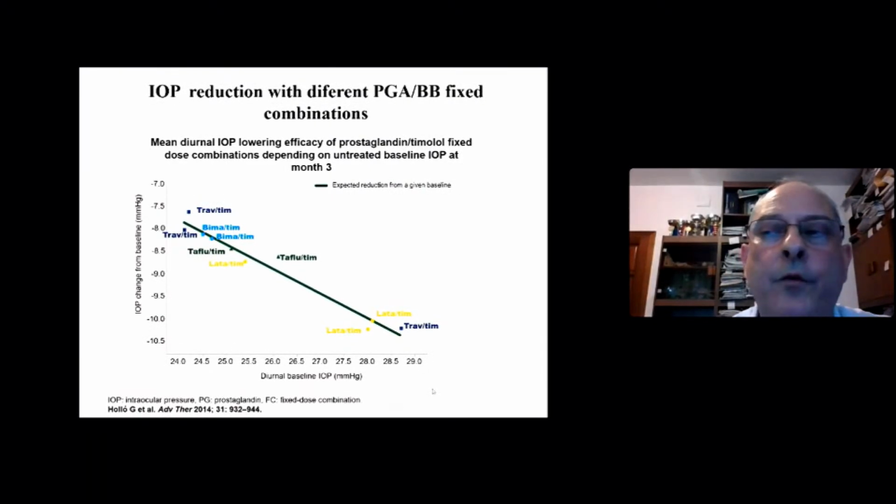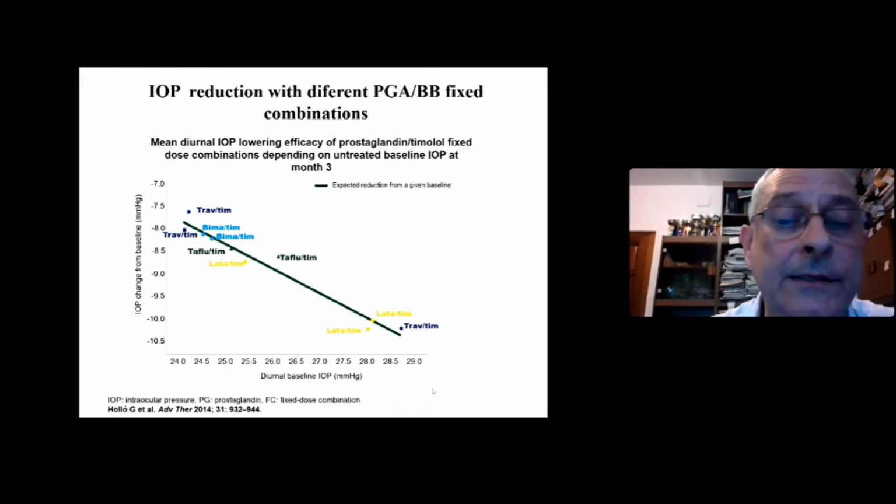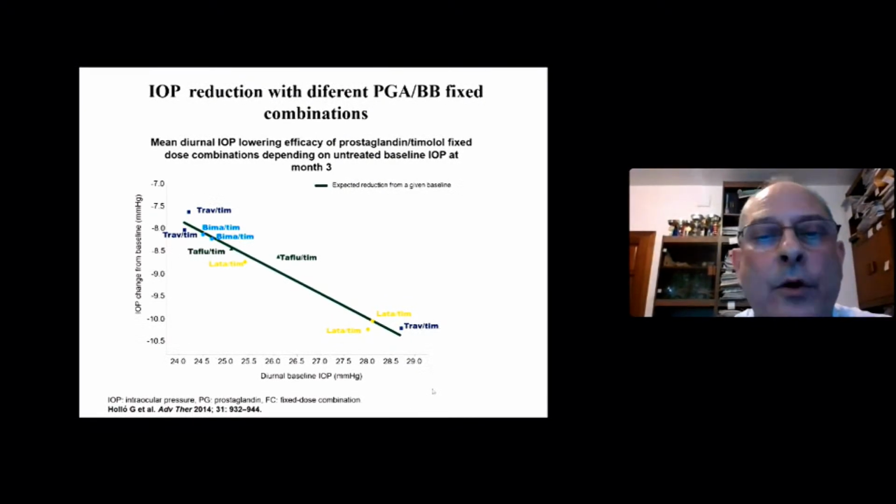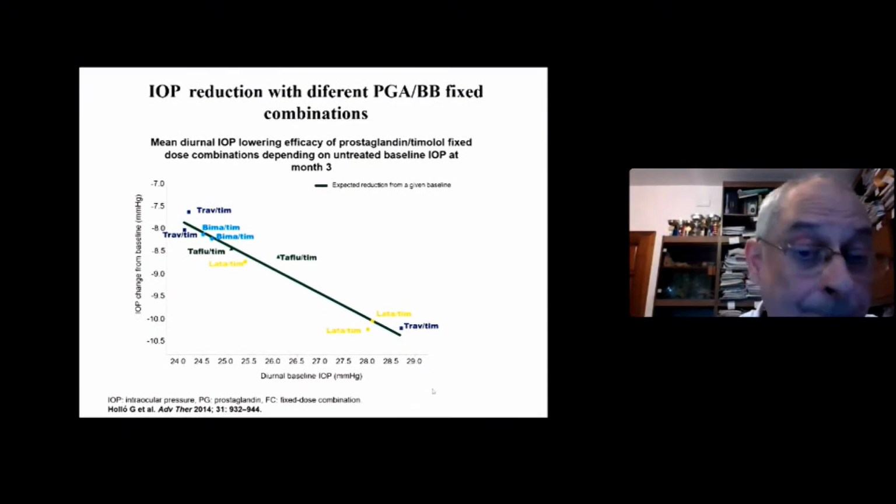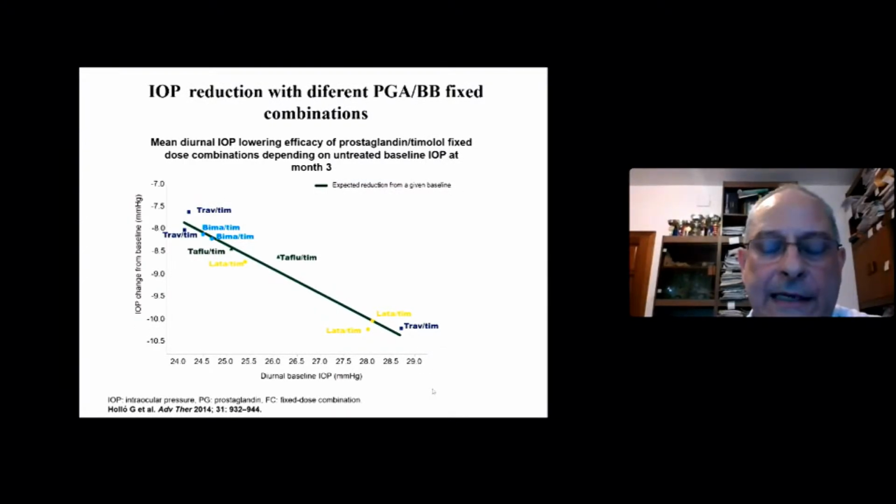All these studies for all kinds of topical medications and laser trabeculoplasties must be corrected for the untreated baseline diurnal average IOP. This is what we made for the PGA timolol fixed combinations in this particular paper, and we found that 95% of the between medication IOP reduction was explained by the different baseline IOPs.